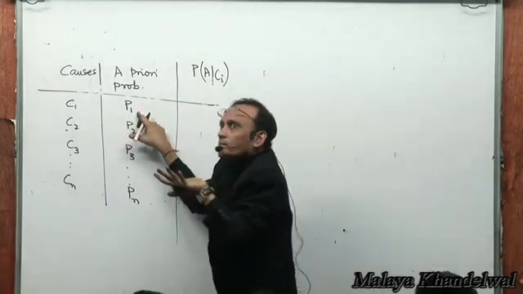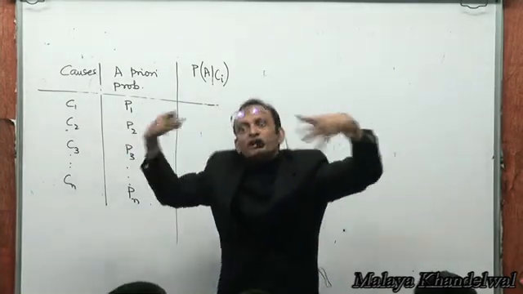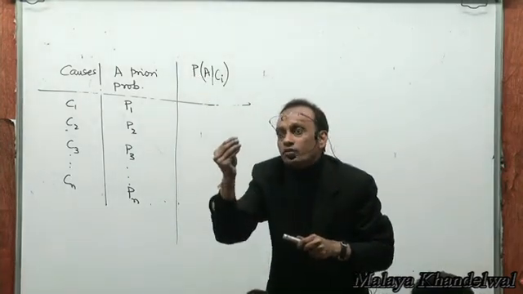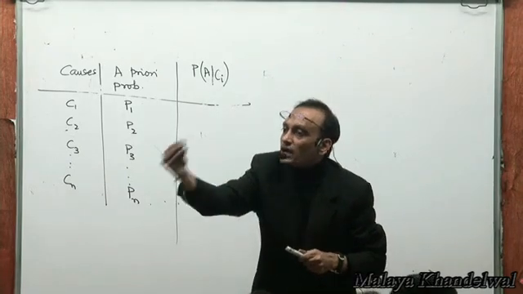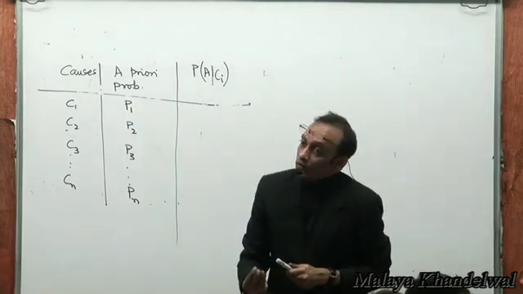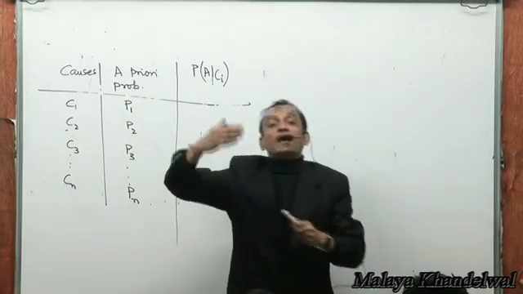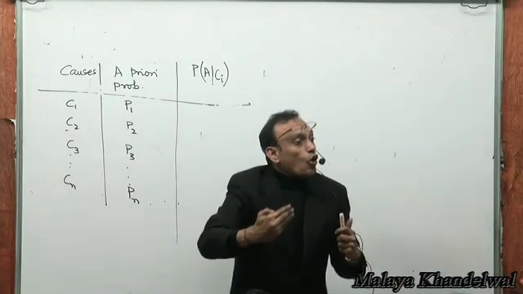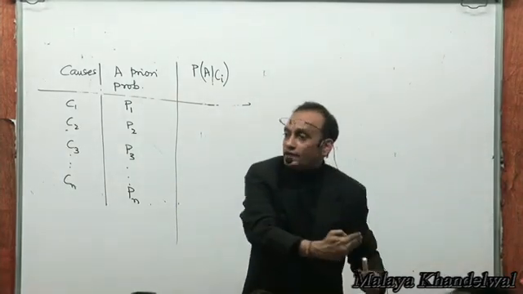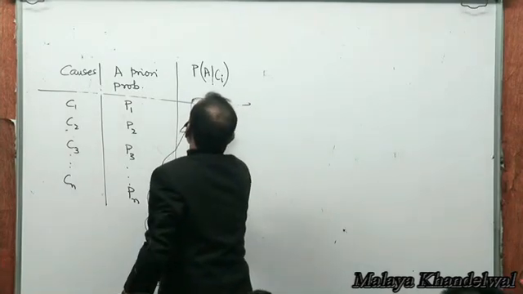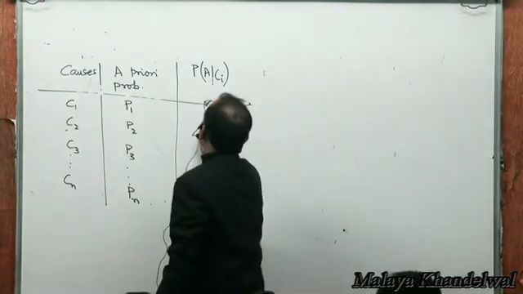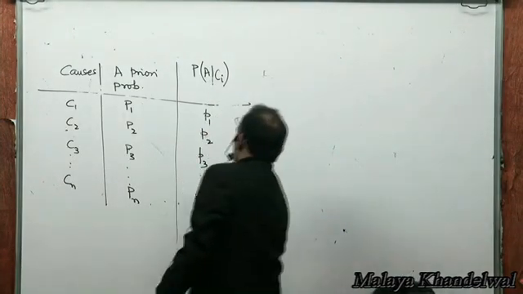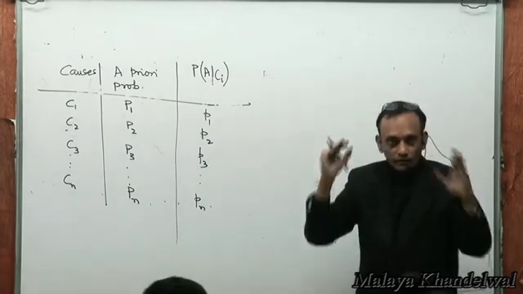Because this cause by itself could have triggered several events, of which A is one. In the earlier case, type A could have triggered two kinds of events, picking up a white ball and picking up a red ball. So there is a probability of A given the cause Ci. Let me call it small p1, small p2, small p3, small pn. Yes or no?